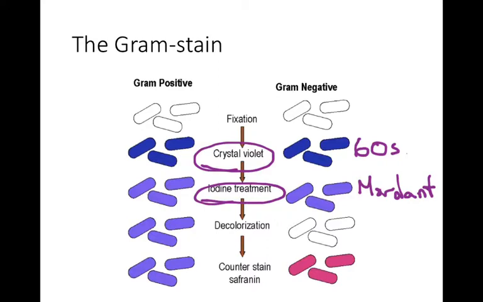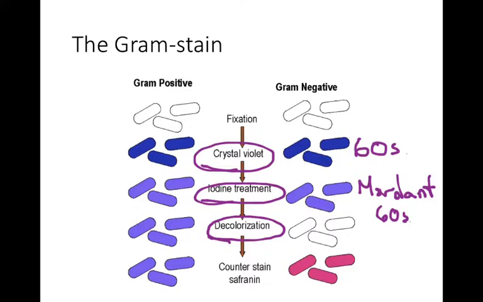And we'll come back to this distinction a little bit later. The iodine treatment usually occurs for about 60 seconds. Afterwards, rinse it off with water. We then use a decolorizer, which is usually an organic solvent. For example, we use ethanol in the lab. Other protocols use acetone.